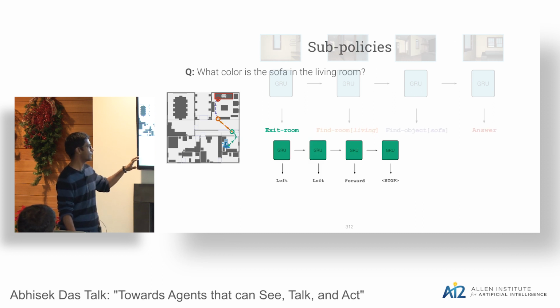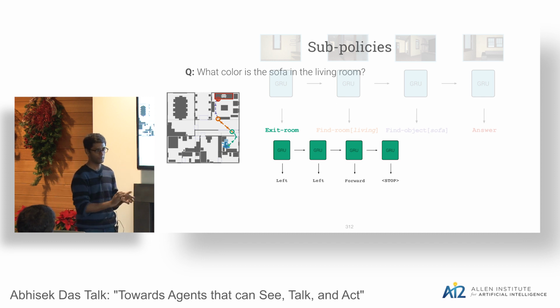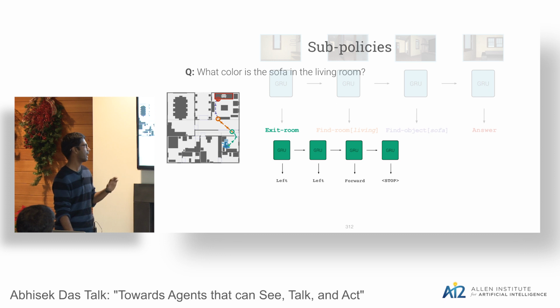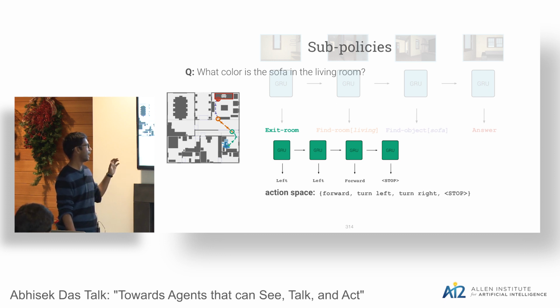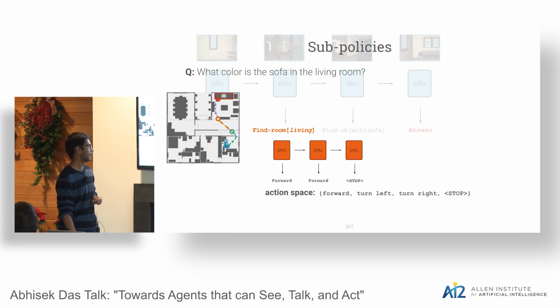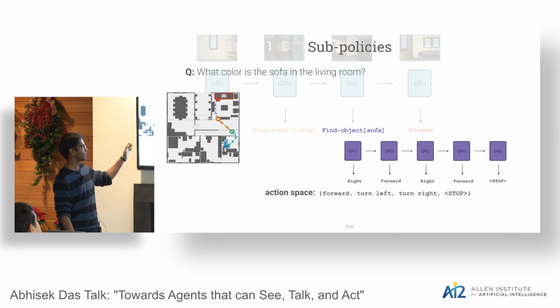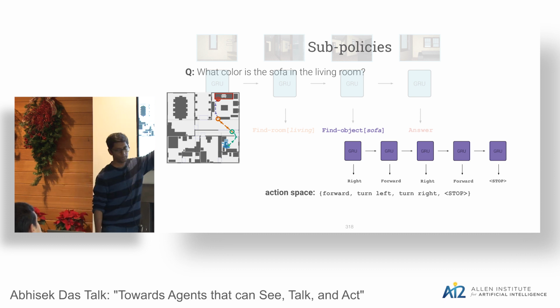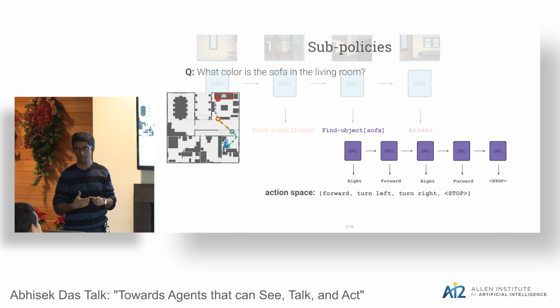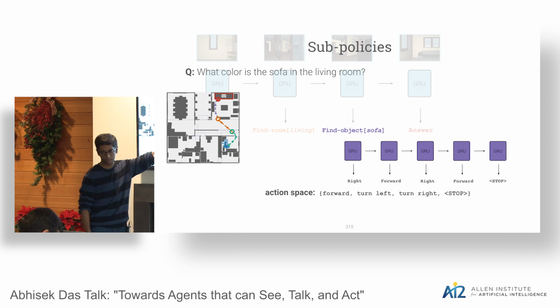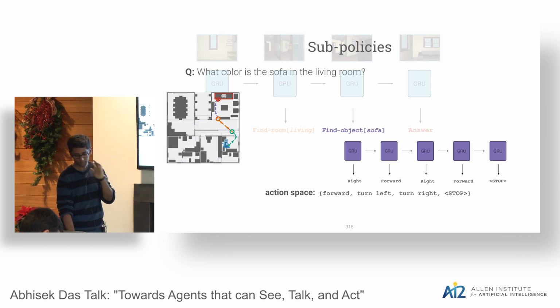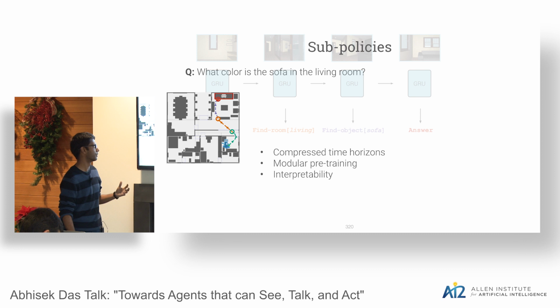And there's a subpolicy that's instantiated for each of these subgoals. The subpolicy is operating at the primitive action space, so it's picking actions out of forward, turn left, turn right, or stop. First exit room gets executed, then find the living room gets executed, and each of these has a different set of parameters. In total, there are 4 subpolicies. The find room and find object subpolicies take an argument as input. The argument corresponds to either the room name or the object name, and the answering model is the same as our earlier work.